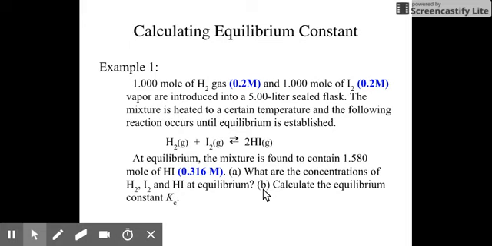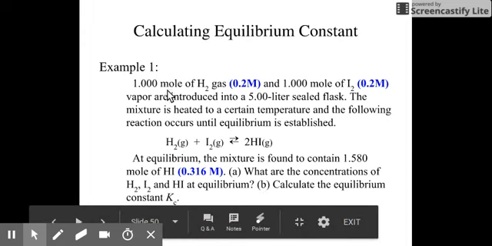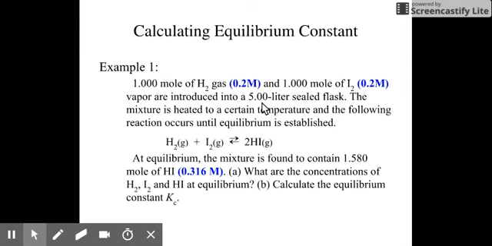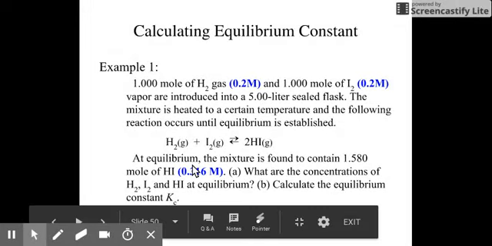If you forgot how to get molarity, please look at the previous video about molarity, your quick guide to solving for it. Just a quick run through: all you need to do to get molarity is you get the mole. So 1 mole will be divided by the volume indicated in the problem, which is 5 liters. So that's why you get these values in blue.